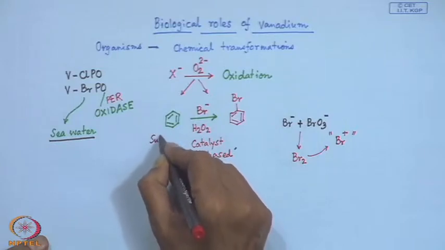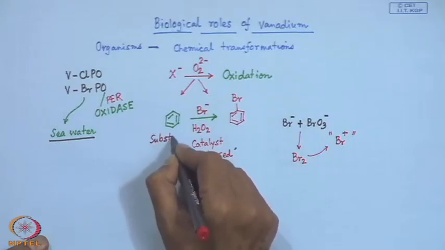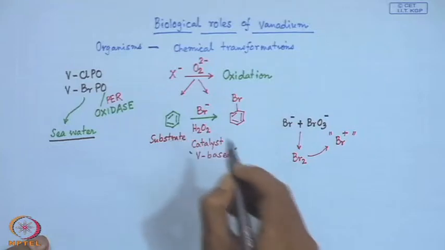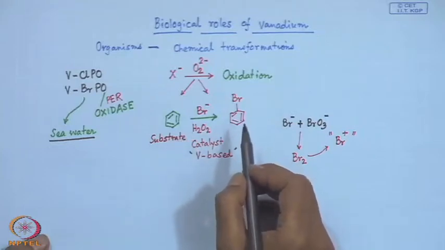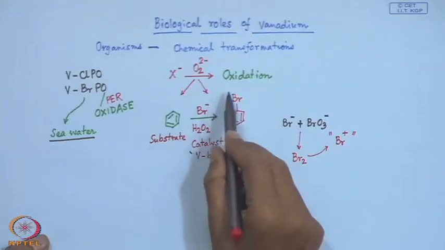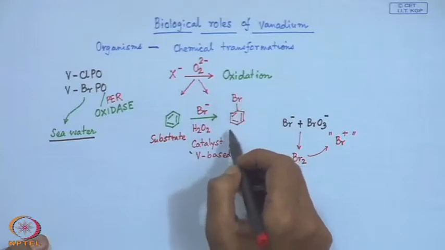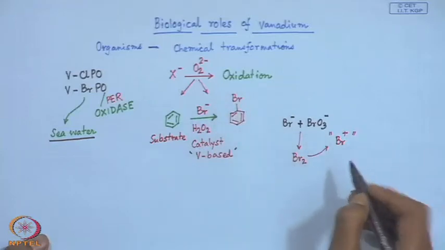So, you have the substrate and that substrate is getting oxidized, with the incorporation of bromine within the ring.